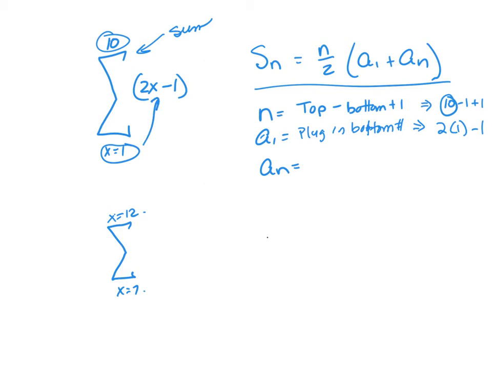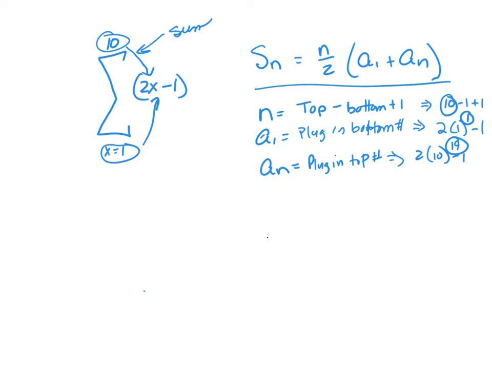So 2 minus 1 is 1. So a1 would be 1. Okay? An, you plug in the top number. So an is plug in top number, which would be 2 times 10 minus 1, which is 19. Everybody see what I did?